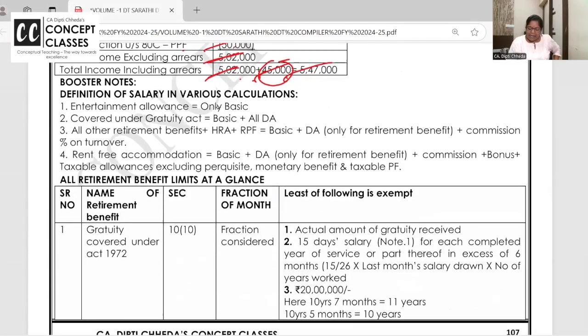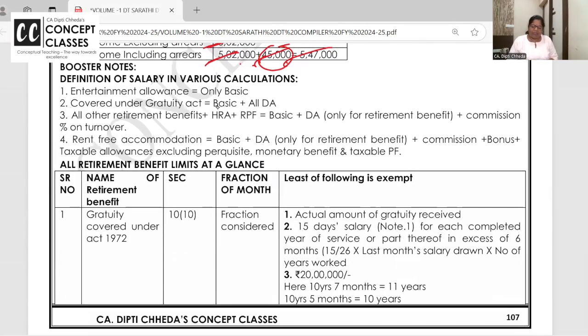Okay. Again, I have given all the definitions, like for entertainment allowance, it's 20% of basic. Gratuity, if you are covered under the Payment of Gratuity Act 1972, basic and DA. All retirement benefits, HRA, recognized provident fund, basic DA commission, bonus, taxable allowance, excluding perquisites and all.